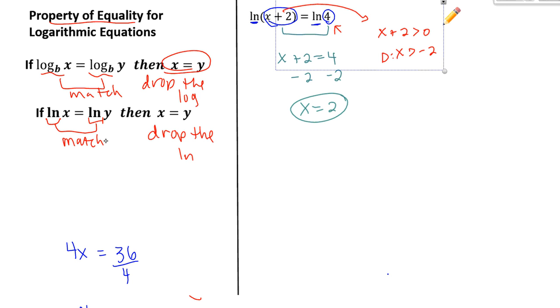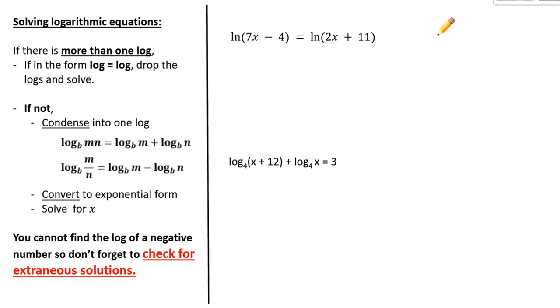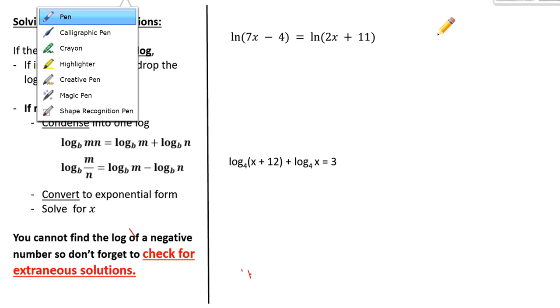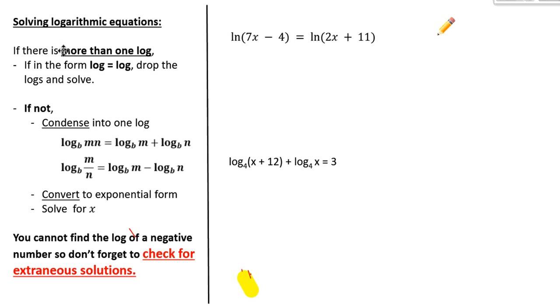All right, let's look at another one. Oh, I didn't do an example of that. Oh, I did. Right there. That's good. Okay, so the first type of solving log equations is when there's only one log. You convert it to exponential. Now the other ones fall into the category where there is more than one log. If you look at one of the problems and there's more than one log, then it's going to be one of two types.